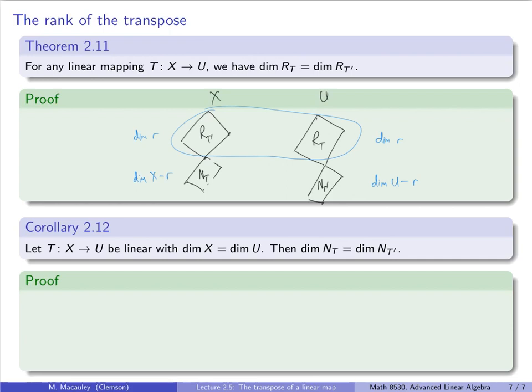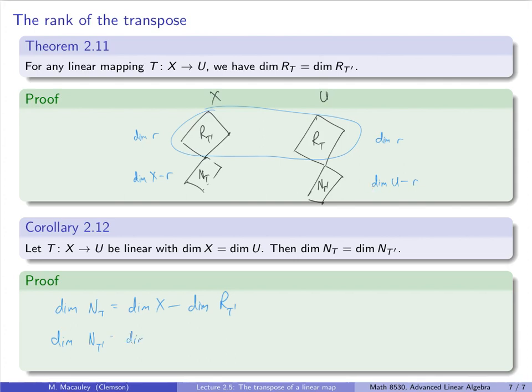So once again, I don't think I even need to write this. I'll let you finish out a formal proof if you want, but, well, sure, why not? The dimension of the null space of T is the dimension of X minus the dimension of the range of T prime, and the dimension of the null space of the transpose is just this difference.